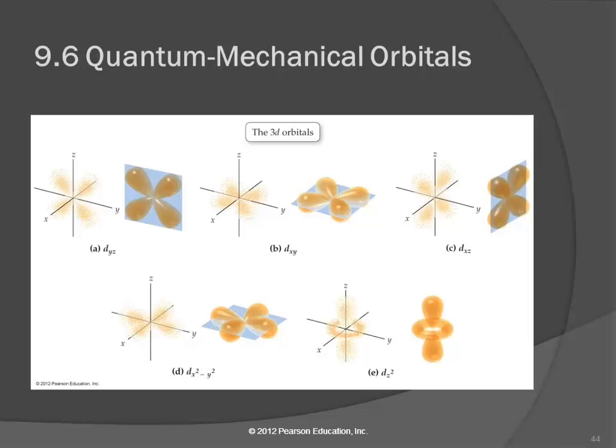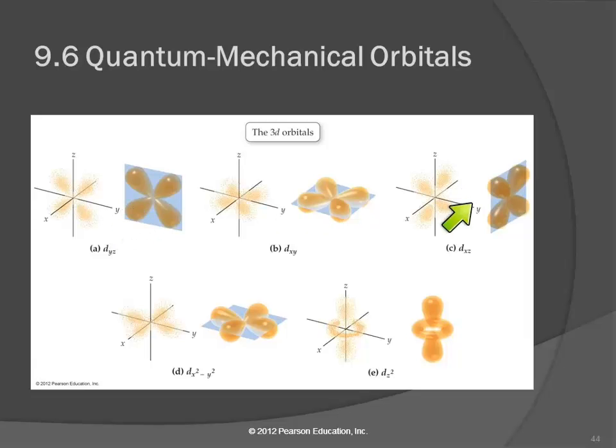These are the shapes of the d orbitals. How's that for weird, huh? So there's 5 of them. 4 of them have the same shape but are oriented differently in space. These look like 4 balloons with their ends kind of tied together or something.